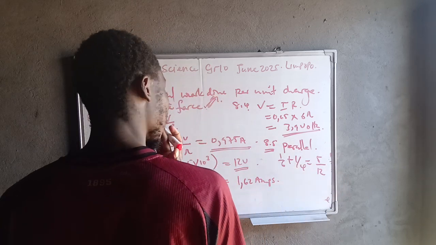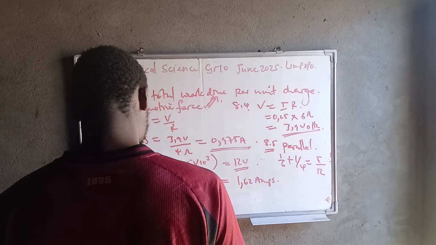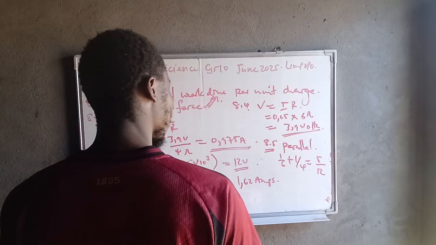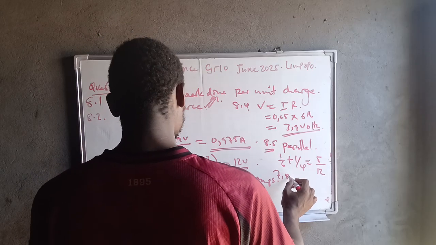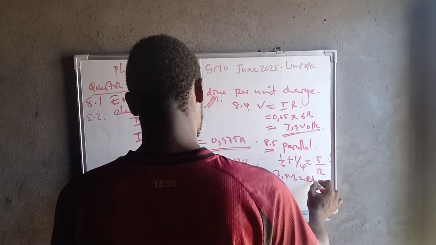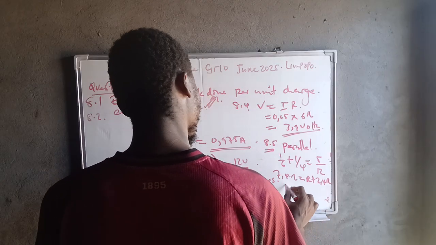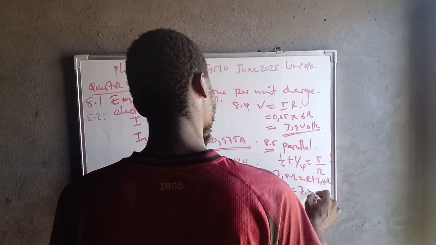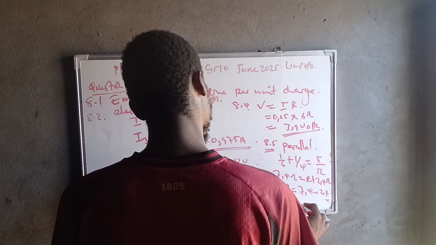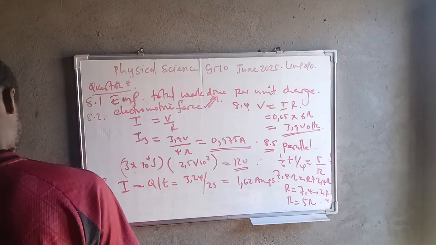From there we can say 7.4 ohms equals R plus 2.4. So R will give us 7.4 minus 2.4, so R will give us 5 ohms. That will be the resistance.